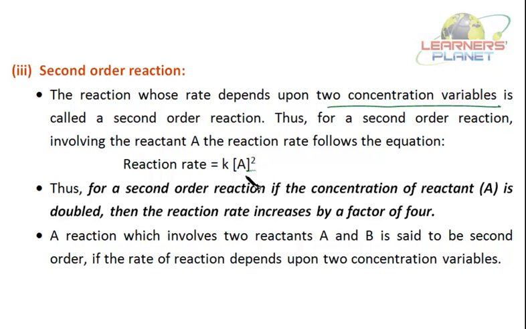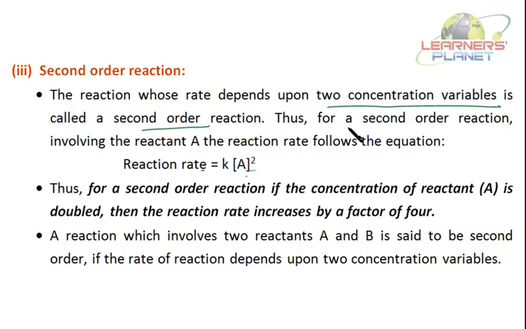In this case, the reaction rate is equal to k[A] to the power 2. That is, if the concentration of A is doubled, the reaction rate will be quadrupled. So this is a second order reaction.